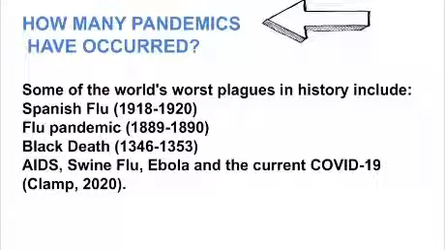We have the Black Death, another name for that is bubonic plague, which occurred from 1346 to 1353. And then we have AIDS, swine flu, Ebola, and the current COVID-19 that we're experiencing now. Hopefully, COVID-19 will soon go away.